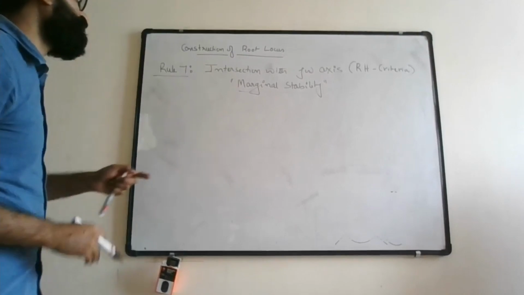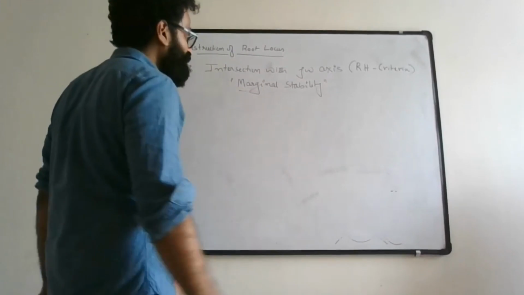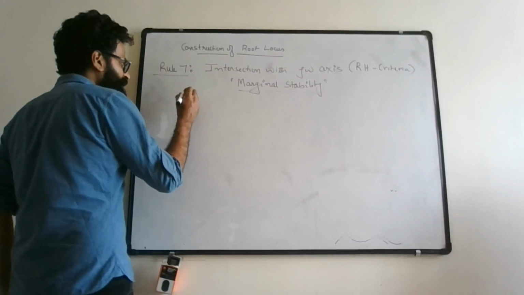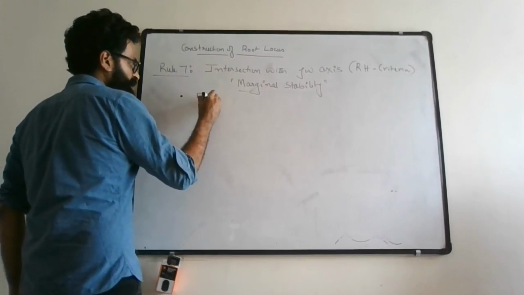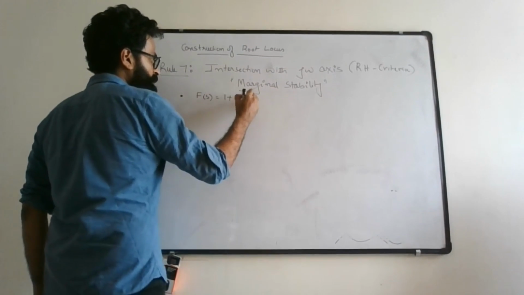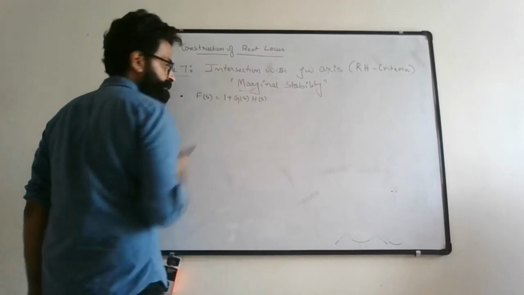Alright, so how will you find the intersection point with the j omega axis? By RH criteria. First of all, you have to find F(s), which is 1 plus G(s) H(s).